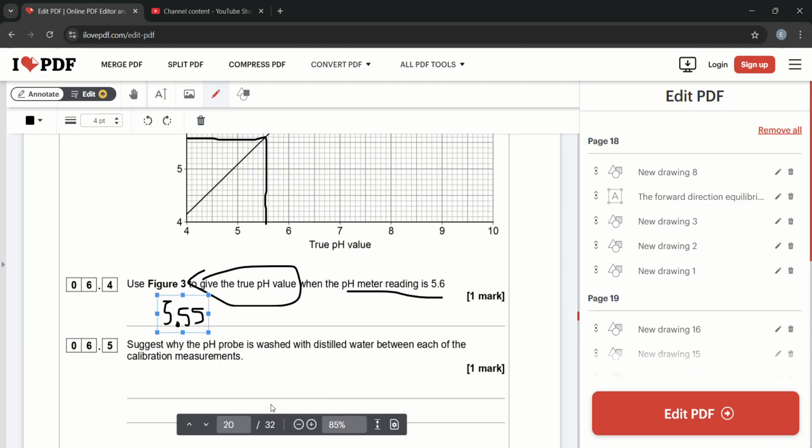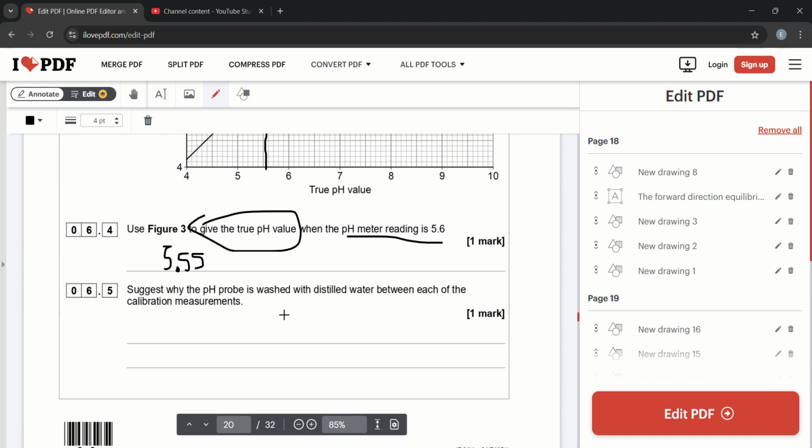And then suggest why the pH probe is washed with distilled water between each of the calibration measurements. So why would that happen? Why would we wash it?